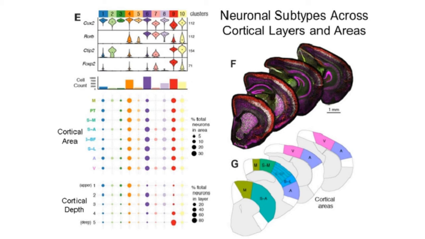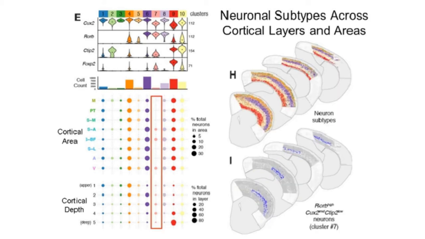As you can appreciate, since we have identified all of these neurons from image data, we know their exact spatial position across the brain. So we can, in a quantitative manner, go about mapping their distribution across cortical areas and the cortical depth, which are shown in the bottom left.